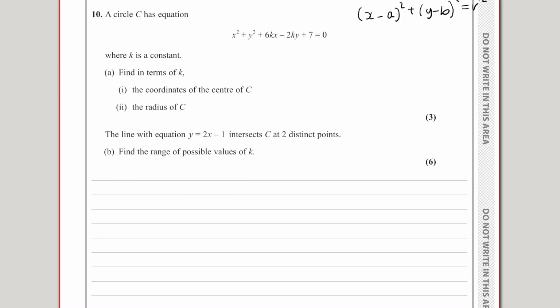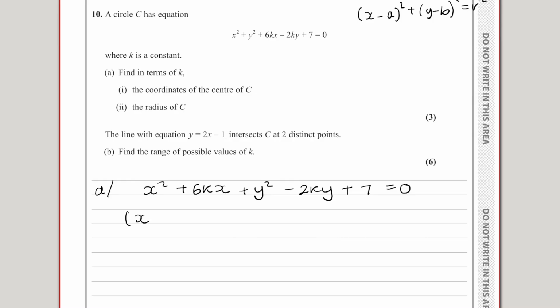Let's get the x's together and the y's together. So x squared plus 6kx plus y squared minus 2ky plus 7 equals 0. And then we're going to complete the square on the x's and on the y's.